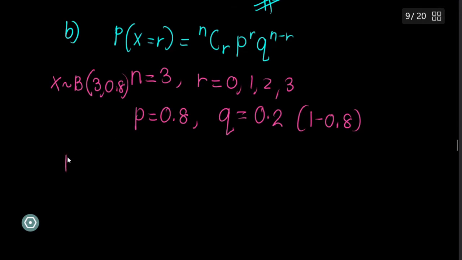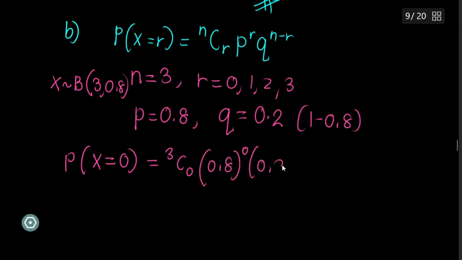Now let's find, starting from probability x = 0. That means he didn't strike at all. No strike happened. So 3C0, 0.8 power of 0, 0.2 power of 3. Let's calculate carefully.